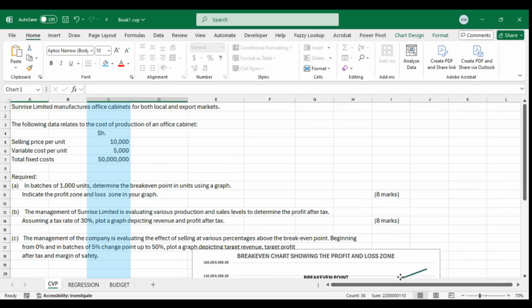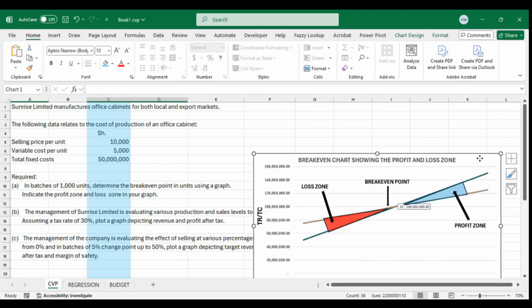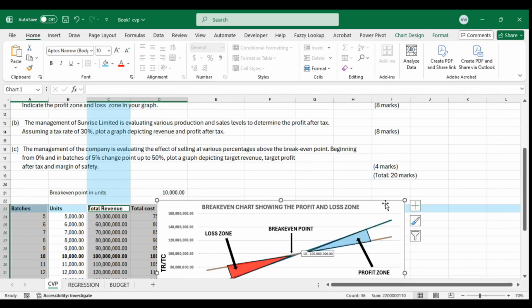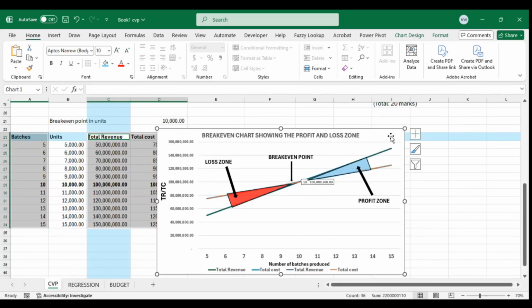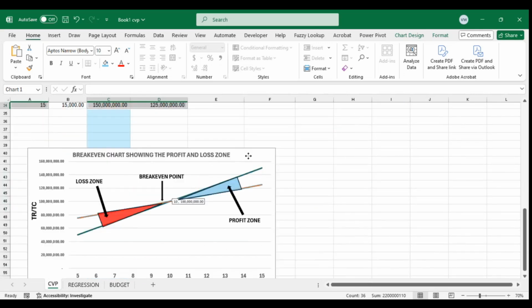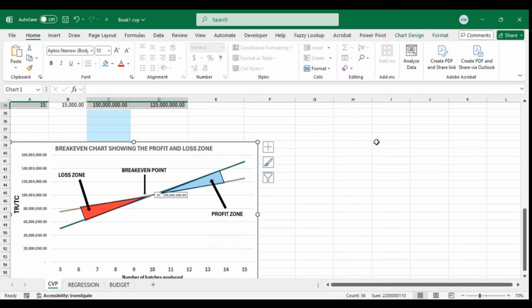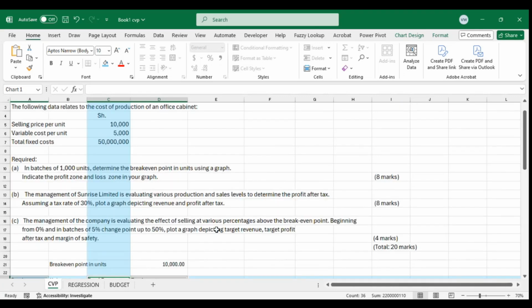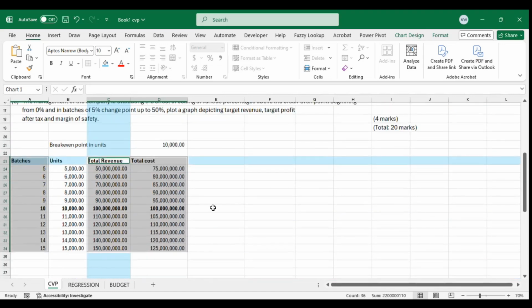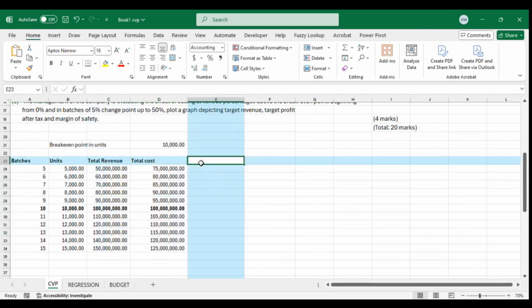So I can just move this one down so that I can have it just below here. There's no problem. We already have the revenue. So what we need is the profit after tax.